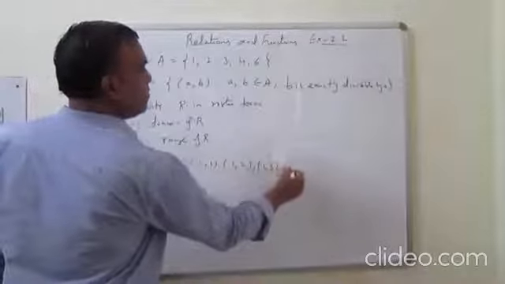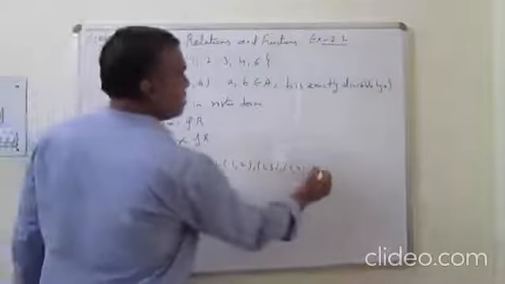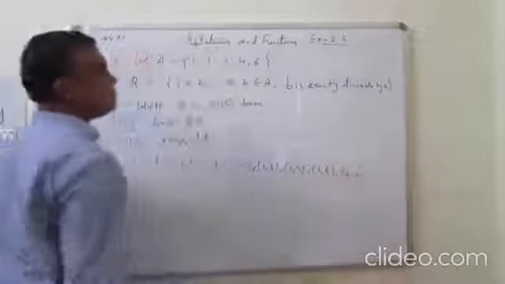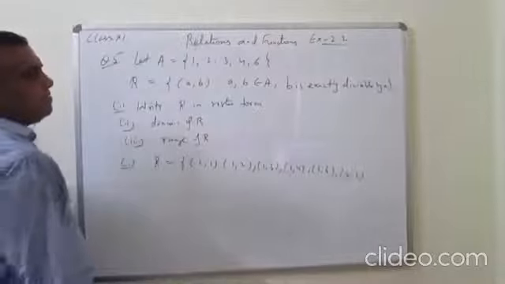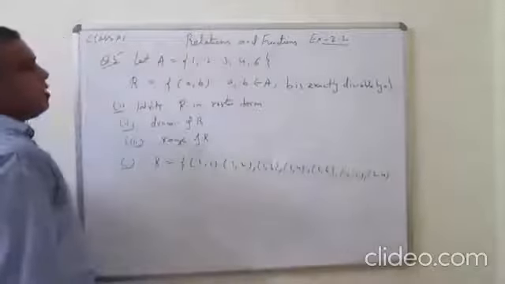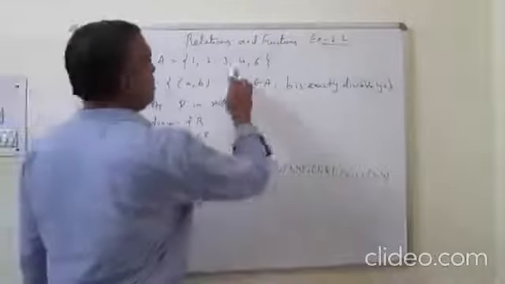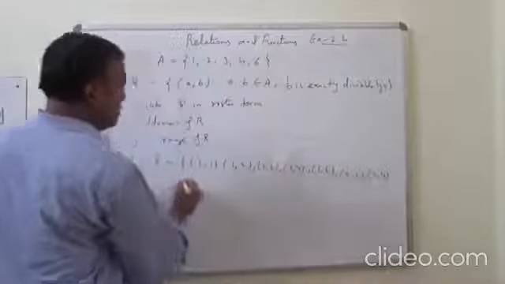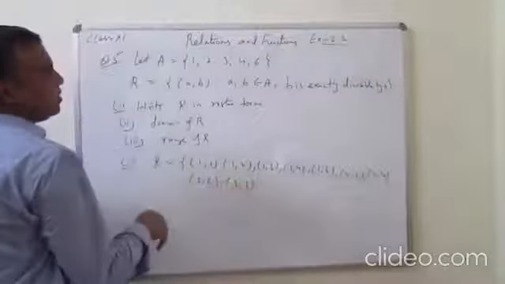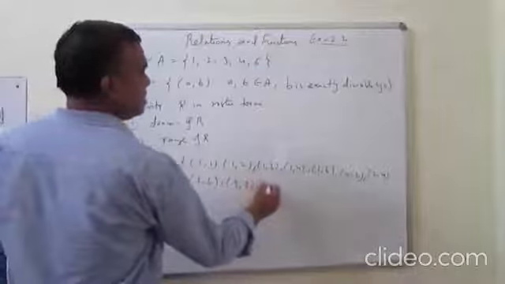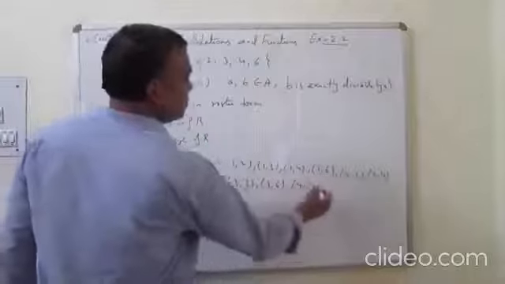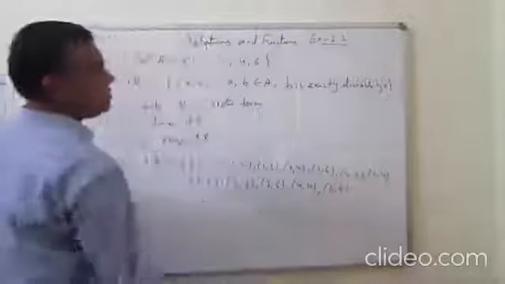(1, 3), (1, 4), (1, 6). Now you take 2. B is exactly divisible by A. So (2, 2), (2, 4), (2, 6); (2, 3) will not be there. Then (3, 3), (3, 6); (3, 4) will not be there. Then (4, 4) and (6, 6).